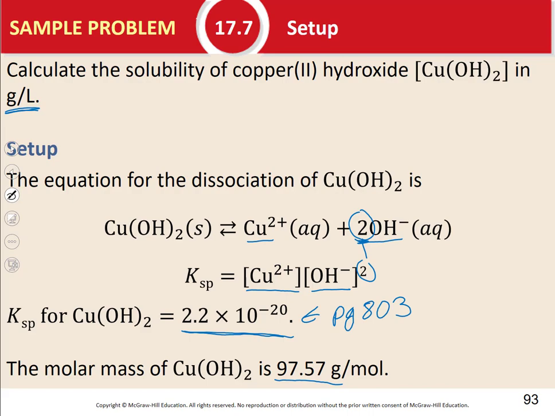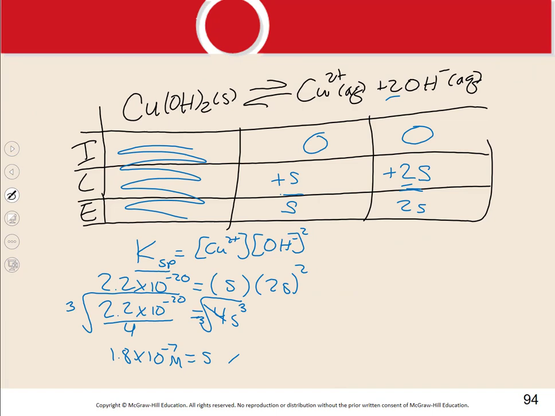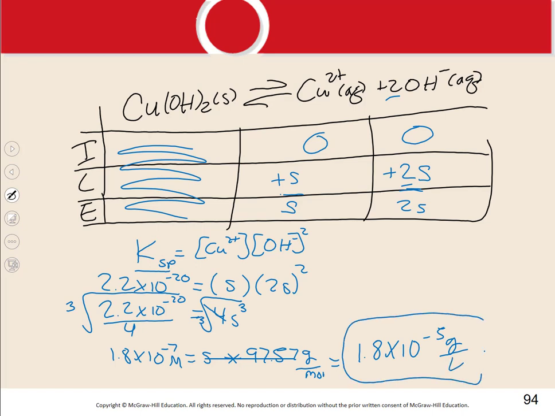To save us time, let's go ahead and use the 97.57 grams per mole. Moles cancel. And we get 1.8 times 10 to the negative 5. And now we're in grams per liter, and that is our solubility.